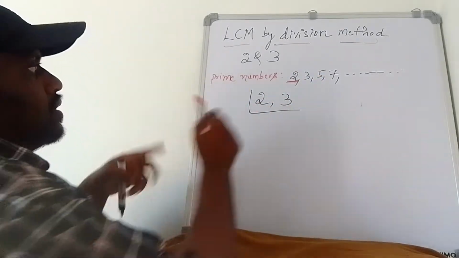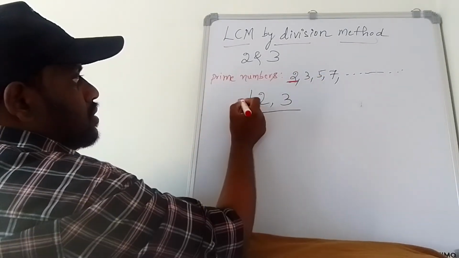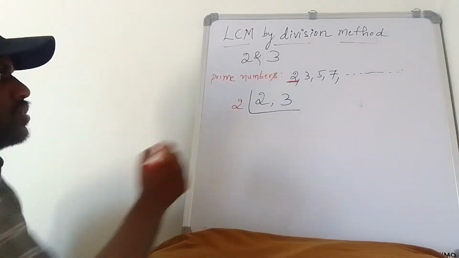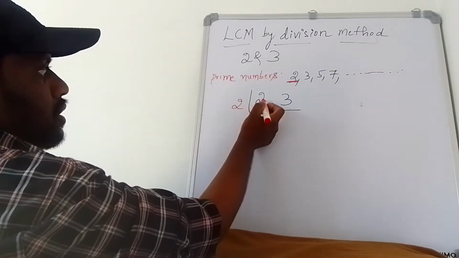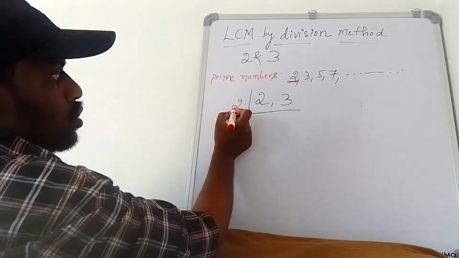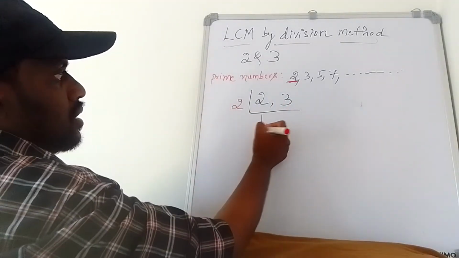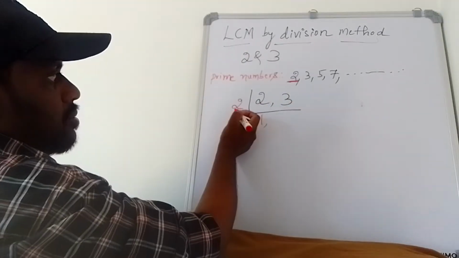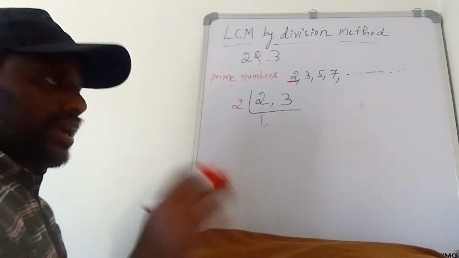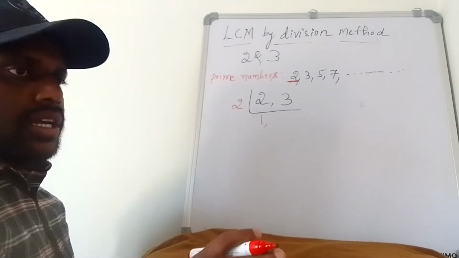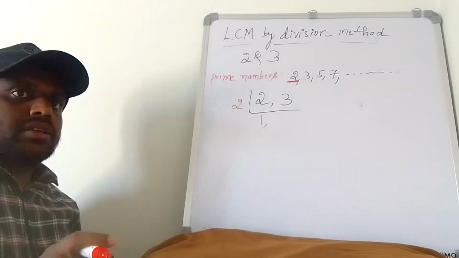2 can be divided by 2, like 2 ones are 2. This 3 cannot be divided by 2 completely. We can divide, but not completely without any remainder.